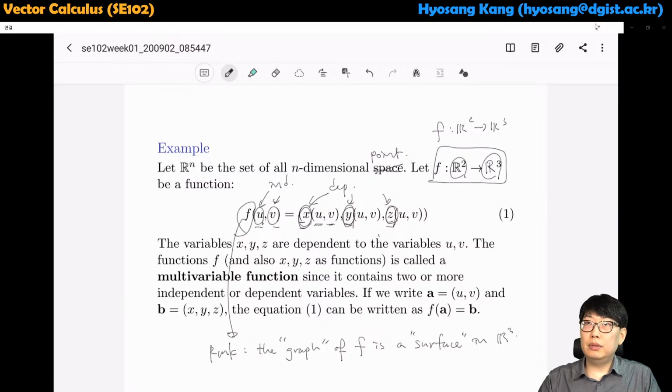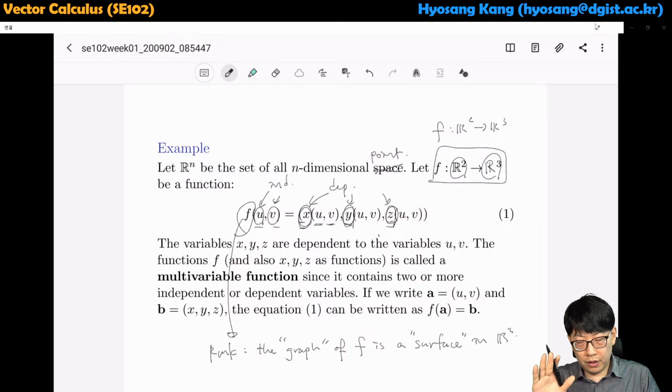Suppose that this is a function from vector space to vector space, but you don't think about any vector operations like vector sum or scalar multiplication, then there really isn't any difference between functions of vector spaces or functions of spaces. So you can safely call multivariable calculus vector calculus because you are going to study multivariable functions, which can be considered as functions of spaces or functions of vector spaces.